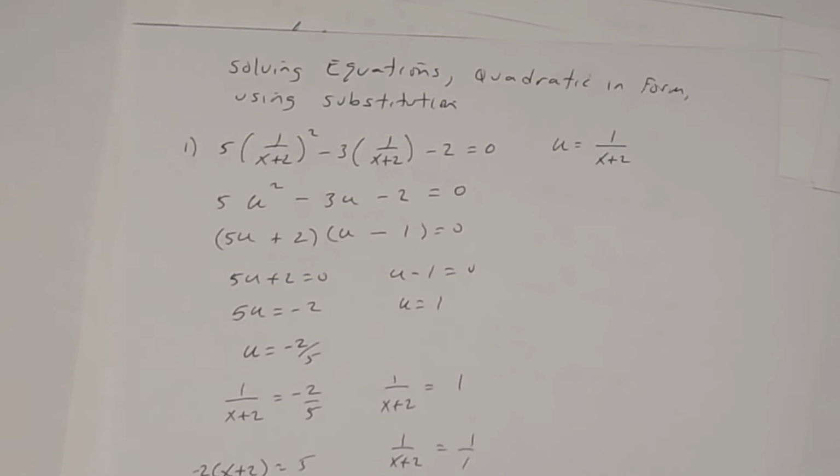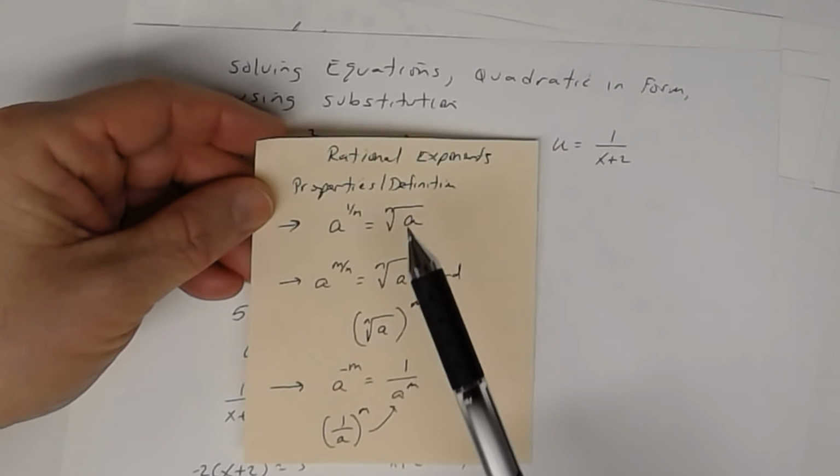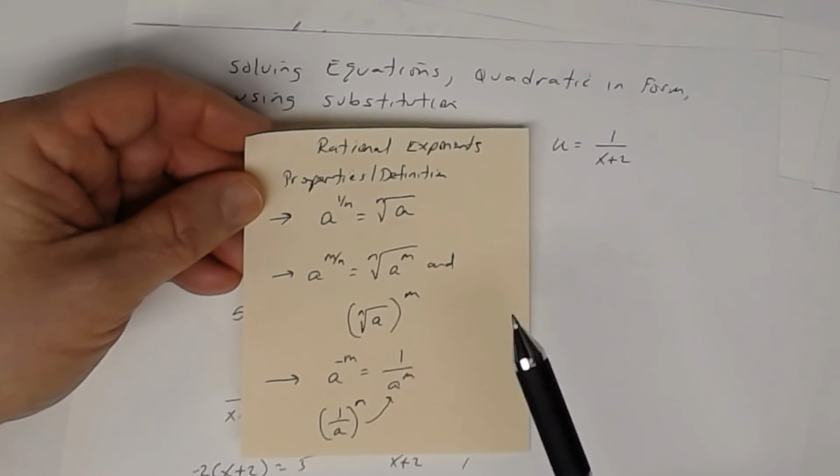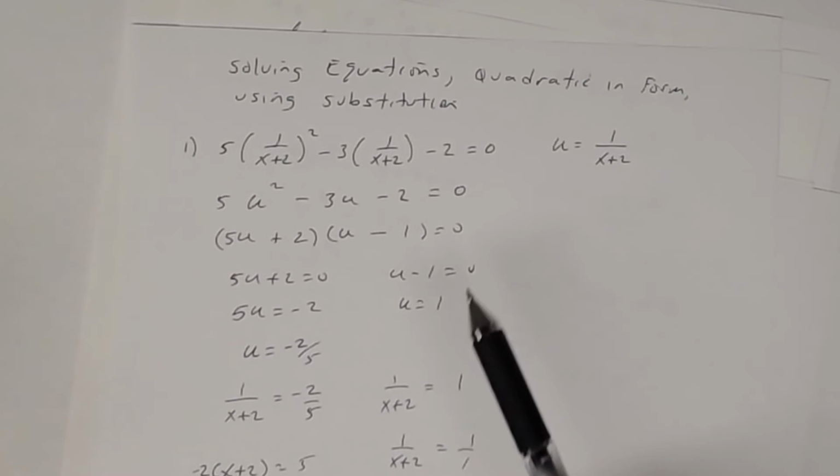All right. And remember, though, there are quite some properties from previous lessons and previous courses that you have to remember in order to solve some of these equations. Okay, so that is the end of this lesson.